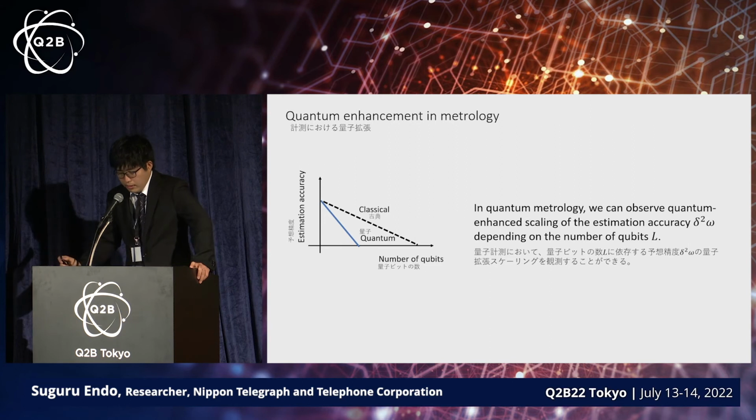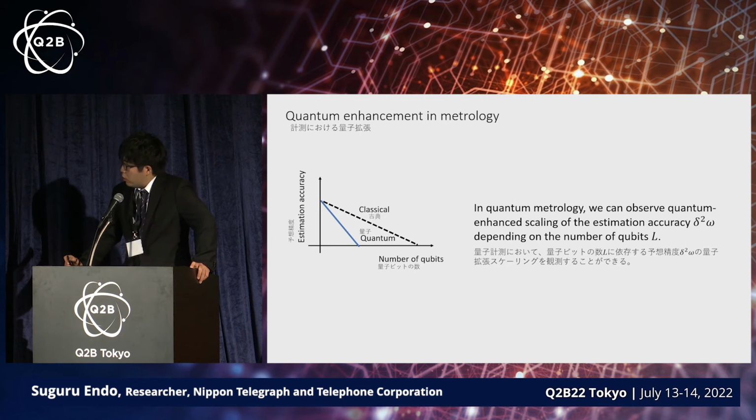In this diagram, the horizontal axis is the number of qubits or bits, because we'd like to compare the performance with classical bits as well. And the vertical axis is estimation accuracy. And in this diagram, the lower the better.